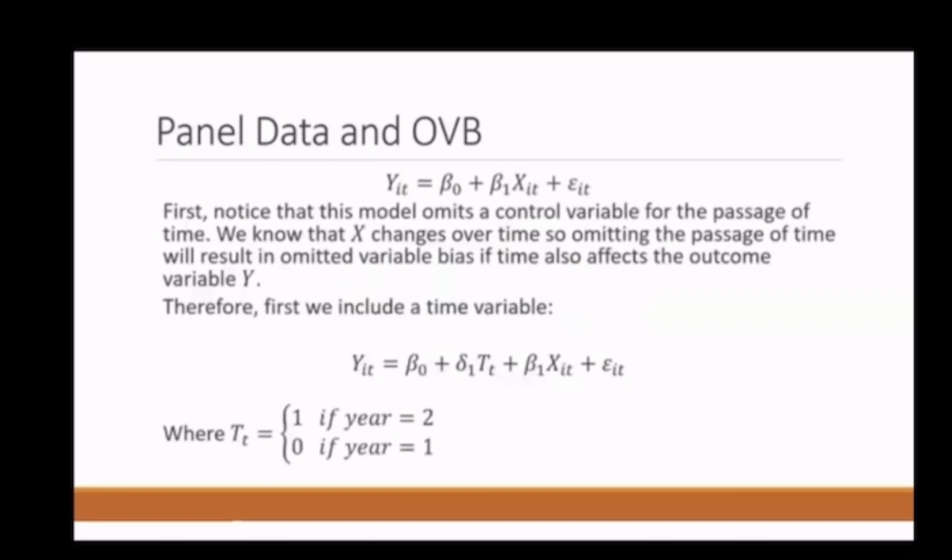Okay, now take a look at this. Because of that, in order for us to control for it, we're going to introduce a time component into the model. We're introducing the time component into the model because we know X changes over time. You understand? What is X?